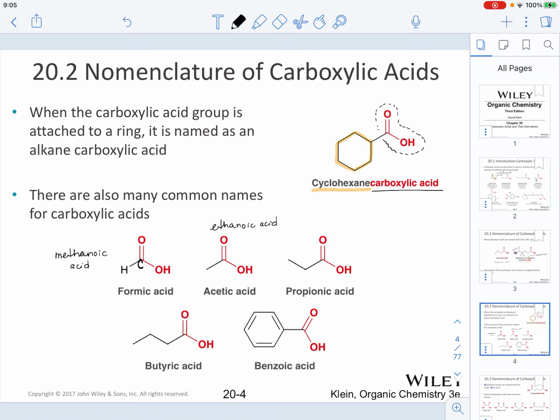We have propionic acid, whose IUPAC name is propanoic acid. We have butyric acid, whose IUPAC name is butanoic acid. And lastly, one that is very important and is part of the aromatic system is benzoic acid, where we have a benzene ring attached to that C double bond OH.